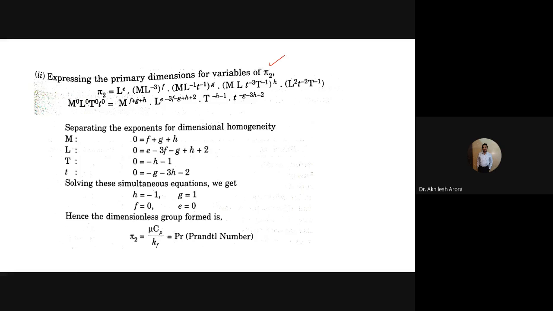Here you can see we have calculated the values of e, f, g, h, and then we get the pi 2 term, which is the Prandtl number. Similarly, we can find the pi 3 term, which is also quite easy to calculate, where the values of i, j, k, l come as this, and this comes out to be the Nusselt number.